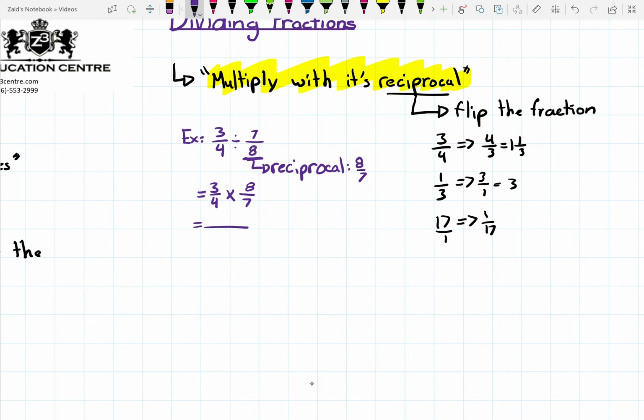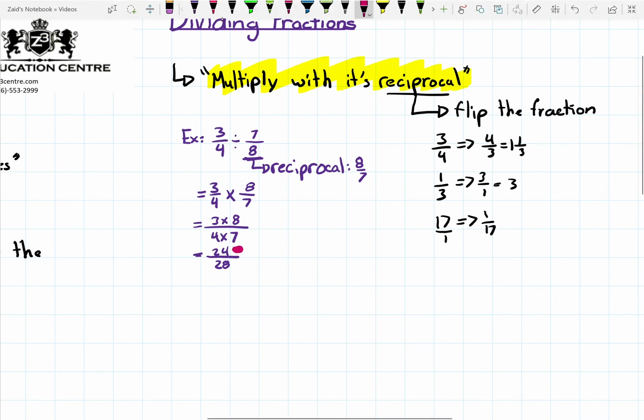Then I would multiply the numerators together and the denominators together, and I would get 24 over 28. Now I could see that this could be simplified, so I would first find the GCF of each one, and I would get 4.